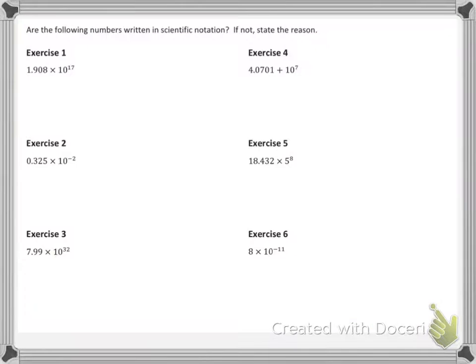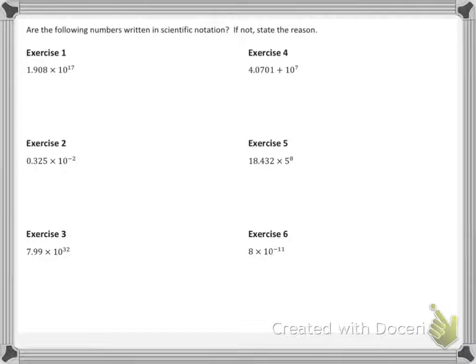Let's get started. All right, our first job is to determine whether the following numbers are in scientific notation or not. The main thing you're going to look for first is that your initial number is written with a single number, anywhere from 1 to 10, greater than or equal to 1 but less than 10.